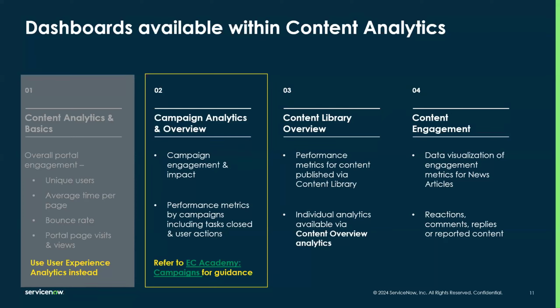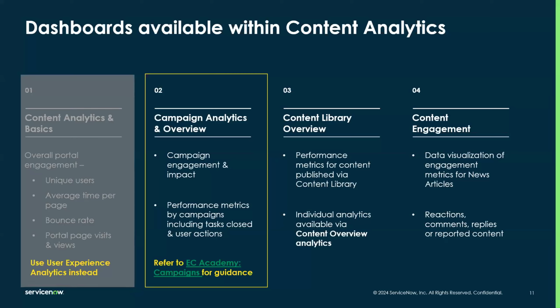As organizations have started doing more with their portal for communications, there was a need to track content that is not tied with a campaign. So, individual news articles, individual banners that we are posting on the homepage, we want to see what is the engagement that we are getting with them. And many organizations are also experimenting, moving communications in different parts of the portal and seeing where it is more effective.